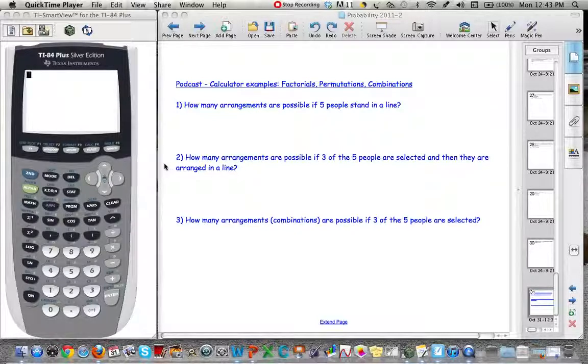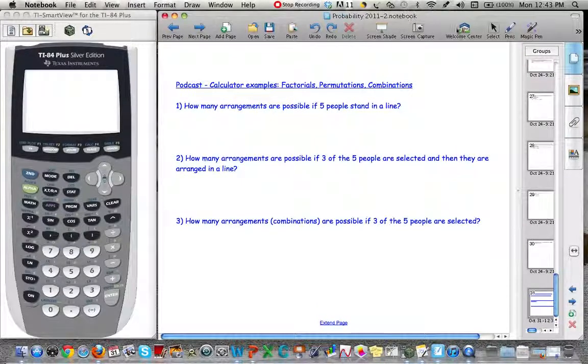these on the TI. Okay, so what we'll do is begin with the first example, and what we're talking about in this case is a permutation where all 5 of the people are going to be arranged in a line, and so order matters.